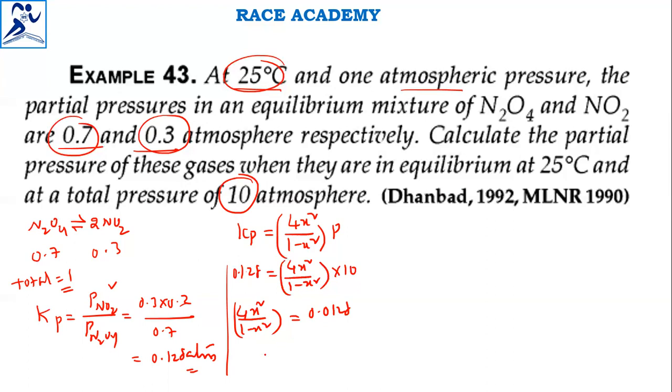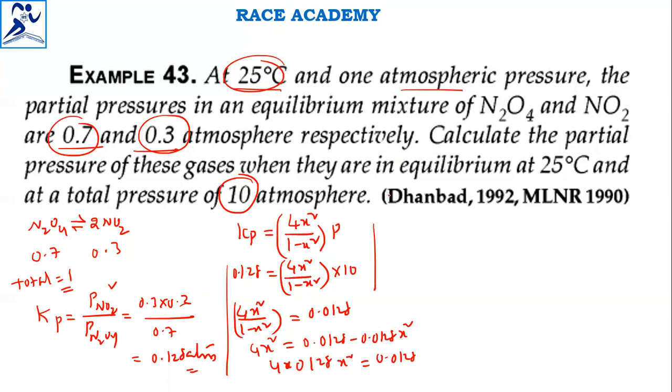Okay. So we have to cross multiply this. 4x square is equal to 0.0128 minus 0.0128 into x square. So 4.0128 x square is equal to 0.0128.